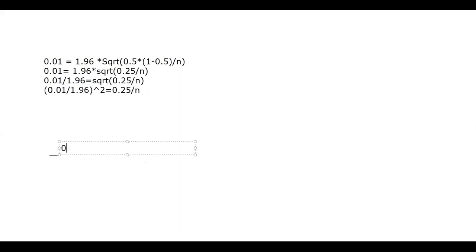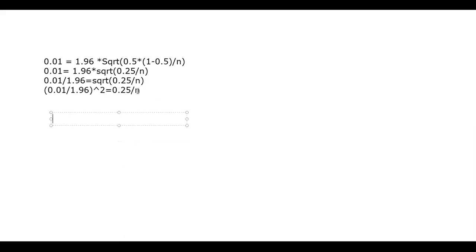On this side, we have 0.01 divided by 1.96, and this whole quantity is squared. Let's see, I want to do it this way. Sorry, I changed my mind.